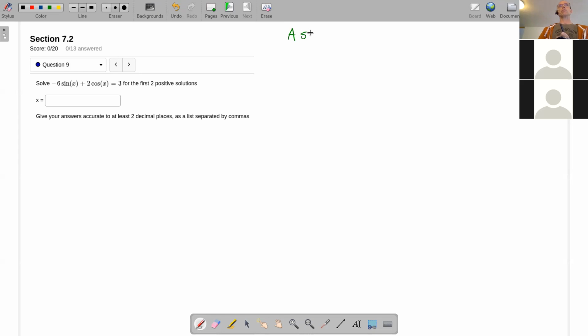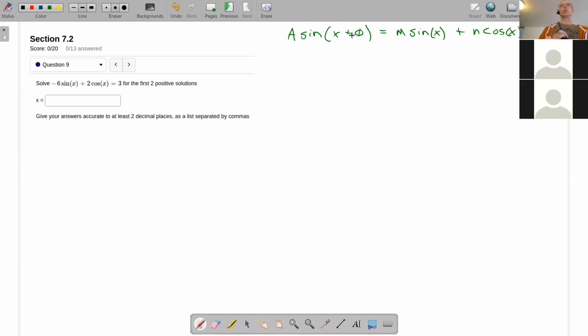So a times the sine of x plus, let's call it phi, can be rewritten as some number m times the sine of x plus some number n times the cosine of x. And what I have here is I have my m and my n.